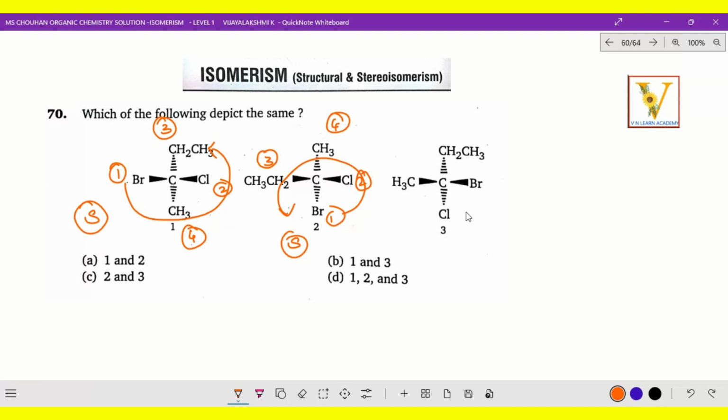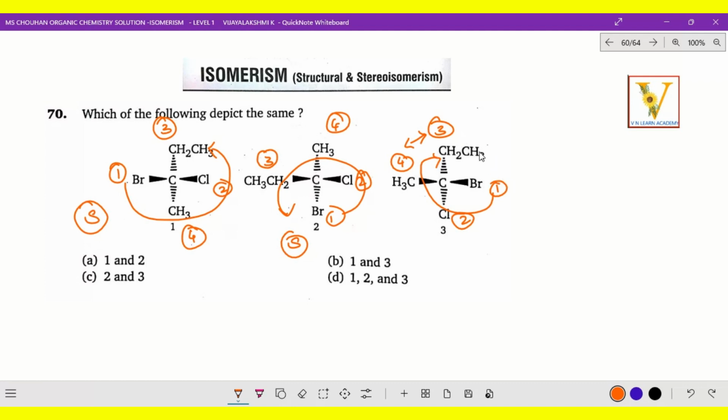And this is also the same. BrCl and CH2CH3 are common, same molecular formula, right? Here 1, 2, 3 and 4. So 1 2 3 4 is clockwise, but the fourth priority has to be interchanged, because it should go on the dash.